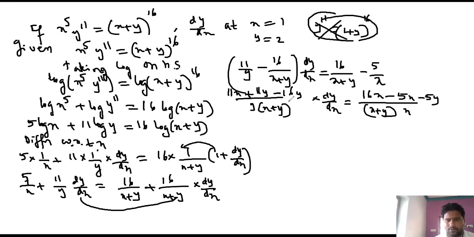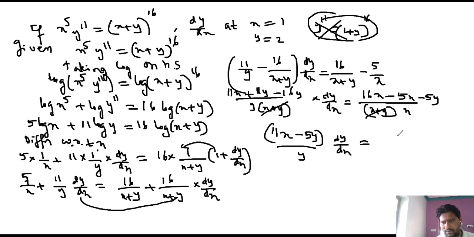Then now this (x plus y) gets cancelled on both sides. Then 11x, and the 11y minus 16y is minus 5y, divided by y into dy by dx is equal to 16x minus 5x is 11x, minus 5y, divided by x.